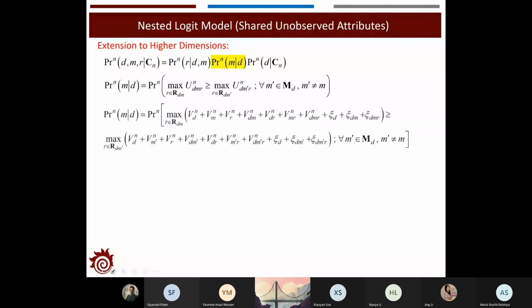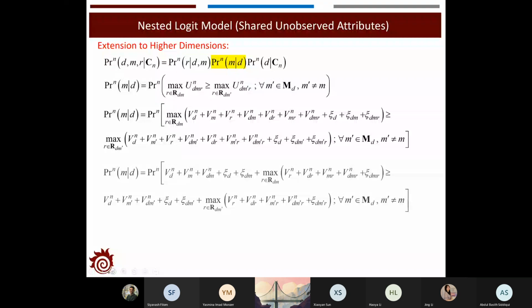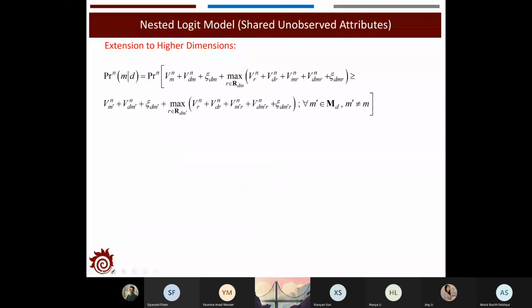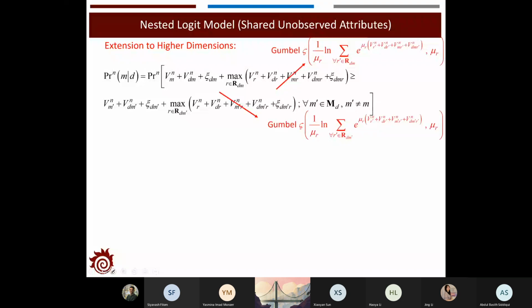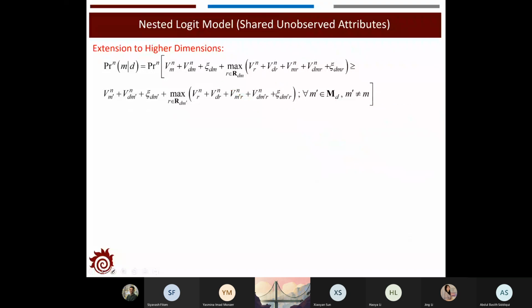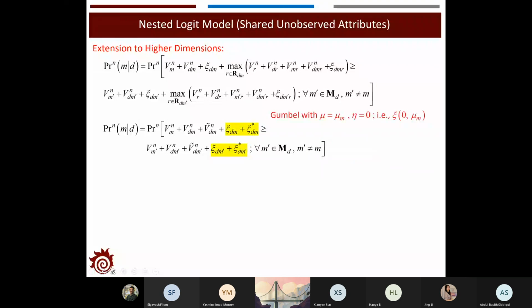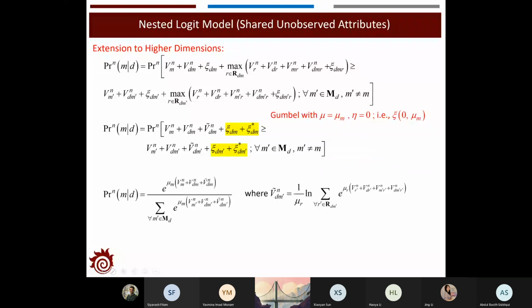Well, I will try to skip most of the details. If we follow these instructions, eventually you can find a relatively simplified formula for the conditional probability of m given d, as shown in this formula. And here we have to consider the log sum term from the lower level.